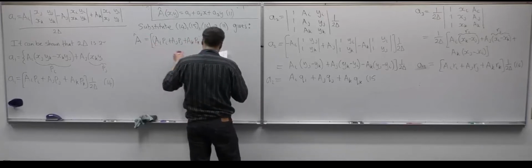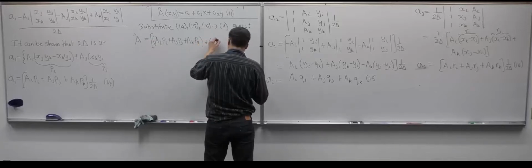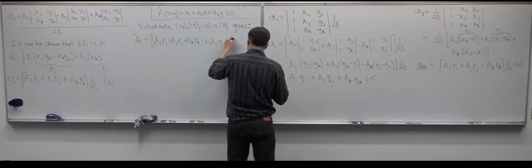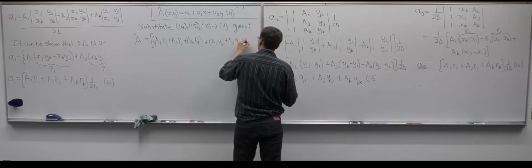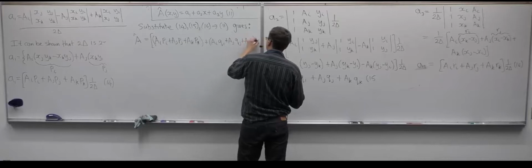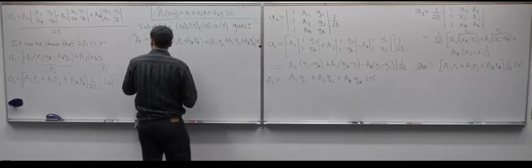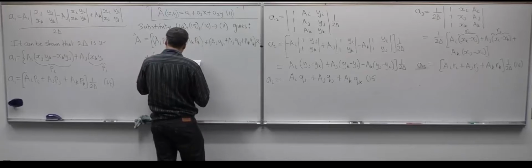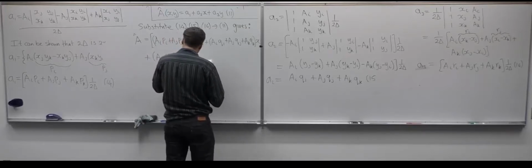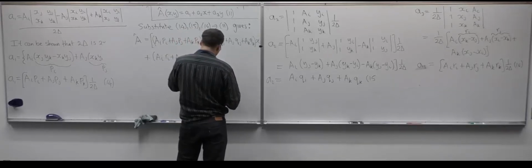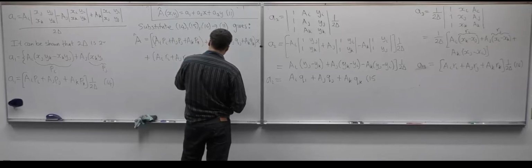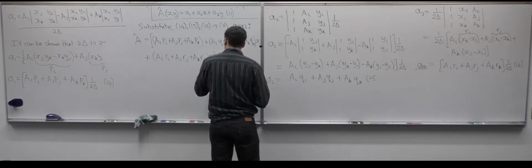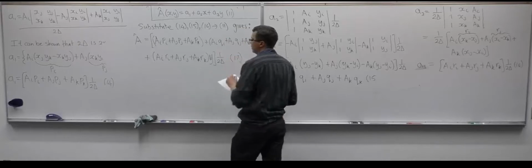That's the first term, plus the second term, Ai Qi, this is A2, plus Aj Qj plus Ak Qk, and that's times by x, plus the third term, which is, this is now A3, so we have Ai Ri plus Aj Rj plus Ak Rk, and that's multiplied by y, and we times that by 1 over 2 delta, and we'll call that equation 17.